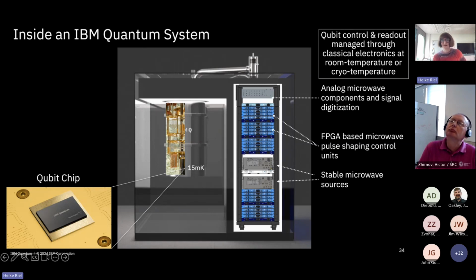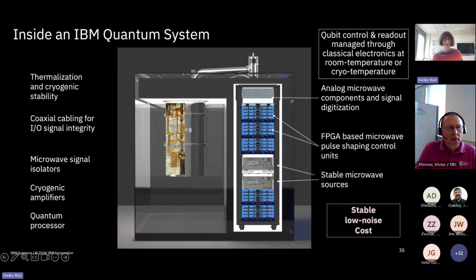You have then the qubit control and the readout, which is managed through classical electronics at room temperature, or also moving to cryo temperature. You have analog microwave components and signal digitization. You need FPGA-based microwave pulse shape and control, microwave sources, etc. And what is important in the end is that you also have stable, low noise operation, and the cost is very important to take into account.